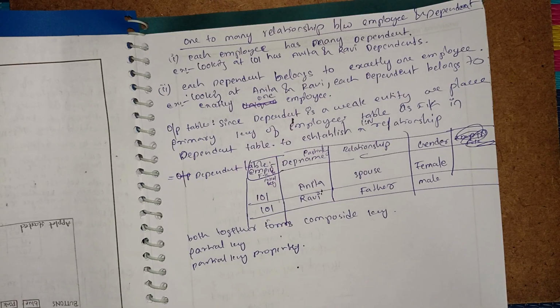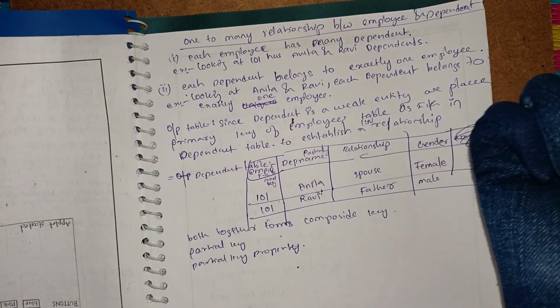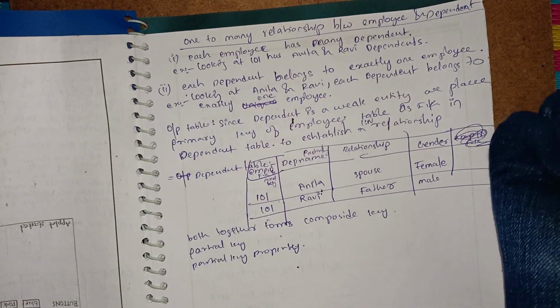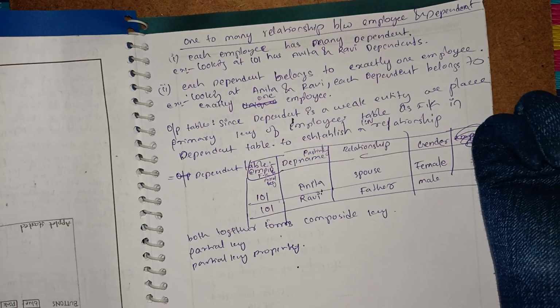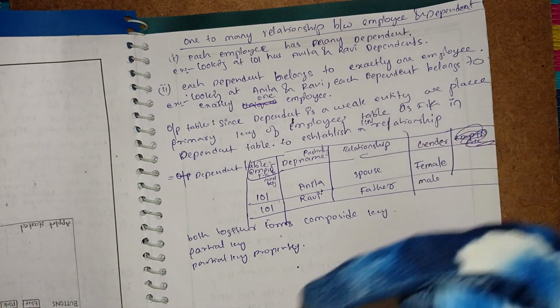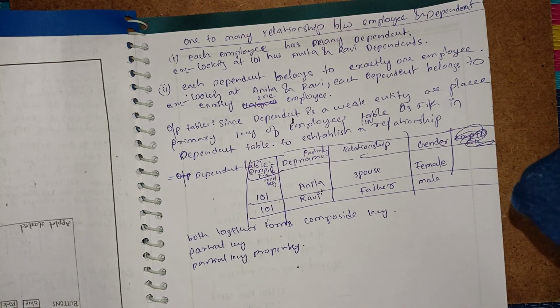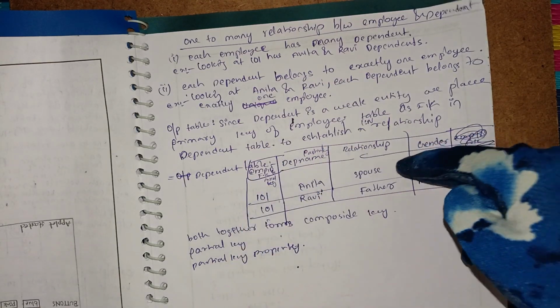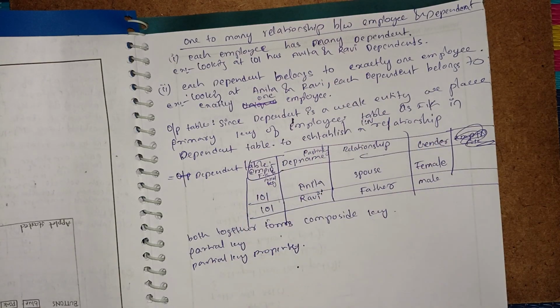A partial key is an attribute which does not uniquely identify each row in the table when it is alone, but when it is combined with the strong entity's primary key, both together identify each row in the weak entity table.